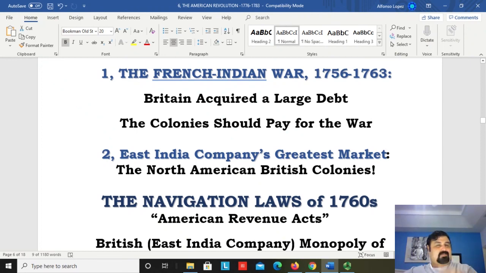So again, some of the navigation laws that we're going to see are laws that are beginning to turn the monopoly of this trade over to the East India Company. The East India Company will be given a total monopoly on the trade with North America.